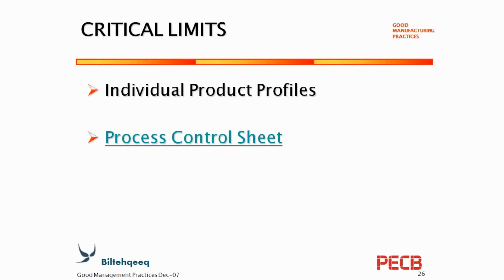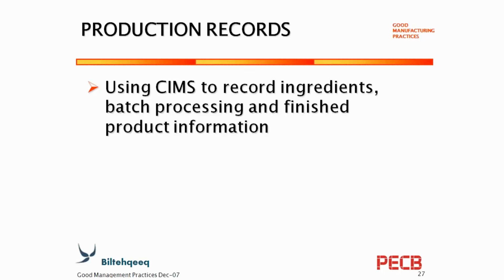So you have to develop a process control sheet to describe the critical limits for different products. The same limits are not for every product. The critical limits will vary for different products.